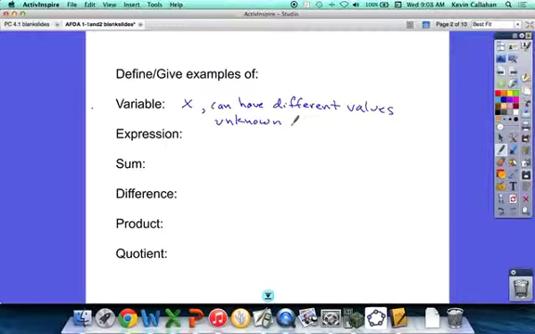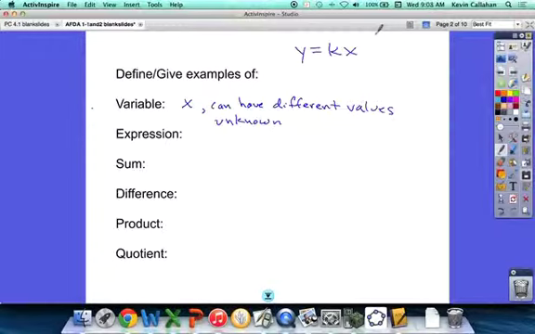Take the distinction between a variable and, for example, this, which everybody in here has seen: y equals k times x. You did that when you did direct variations. The y and x are variables. The k is not a variable. It's a constant, because its value does not vary.